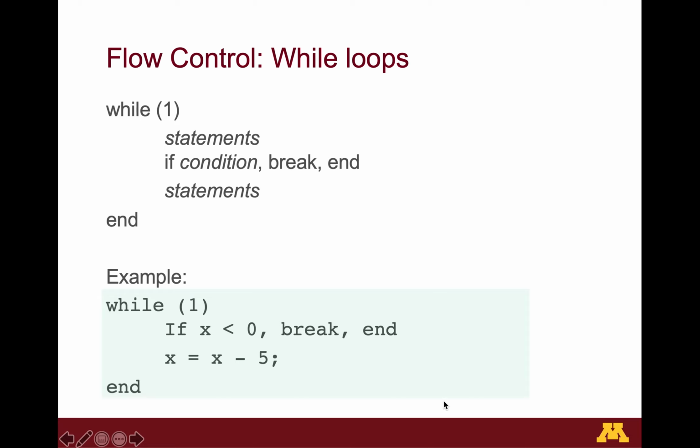So the break won't happen, and x will be x minus 5, which is this time negative 2. This loop ends, and we go to the next loop. Now we see if x, negative 2, is smaller than 0. Now we break. So the next line, x equals x minus 5, will never execute again because we already broke out of this while loop.